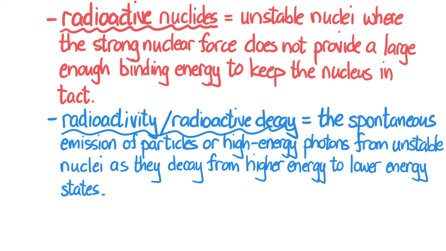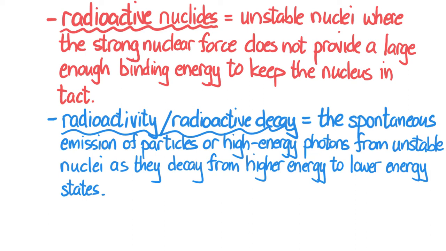This happens without artificial initiation. We will see that certain types of radioactive decay produce particles and others produce high energy photons. The key thing is, the driving force is that unstable nuclei move toward lower states, more stable nuclei.